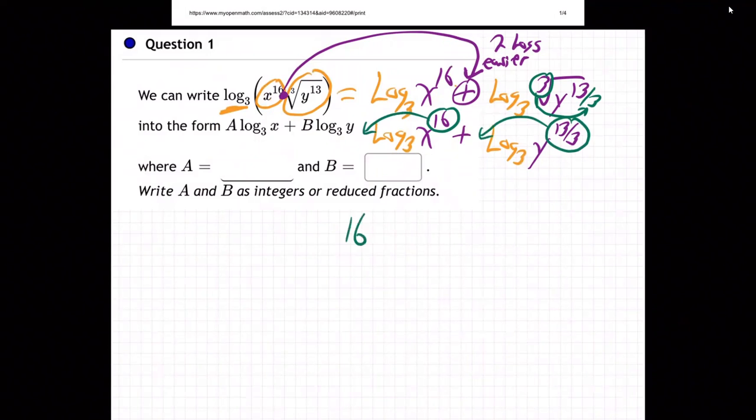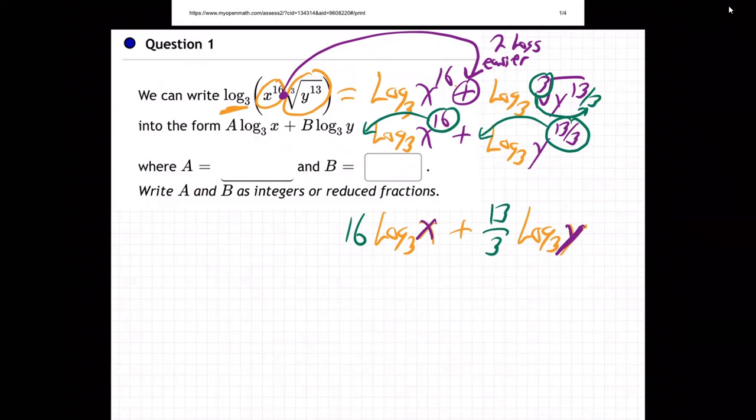So it's going to be 16 in the front, log base 3 of x, plus 13 over 3 in the front, log base 3 of y. There we go.